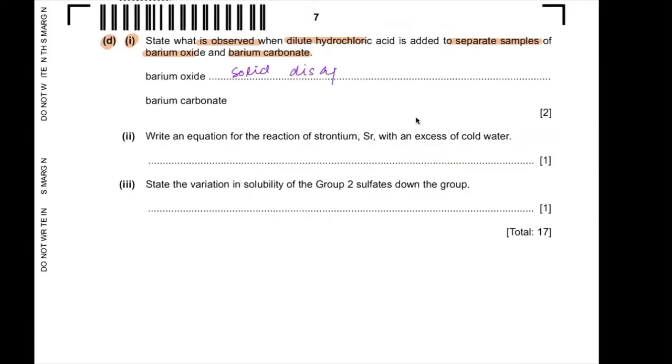And barium carbonate is a metal carbonate, and a metal carbonate, when it reacts with the acid, forms salt, water, and carbon dioxide. So over here, one thing that we see is the effervescence, and the solid barium carbonate is also going to disappear.